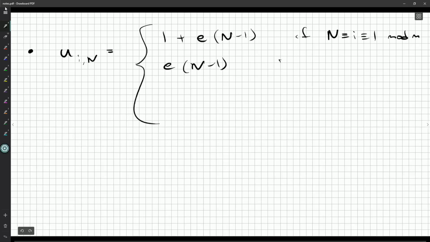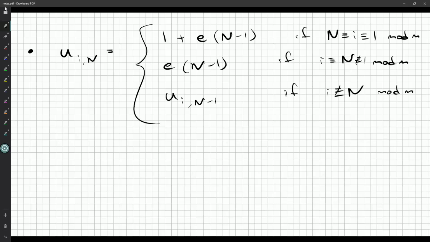Any of the previous ones if I is congruent to n mod m, but it's different than 1. And then just your previous term, or the previous thing, n minus 1, if I is not congruent to n. So I think that covers what we had earlier quite nicely.